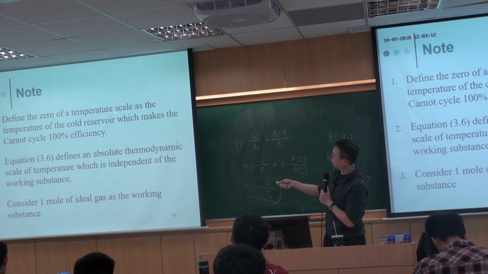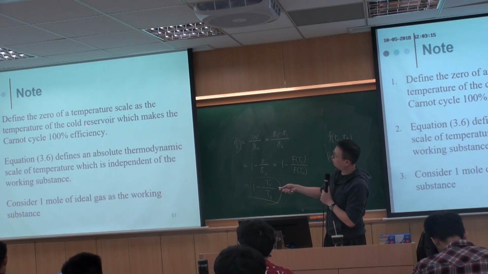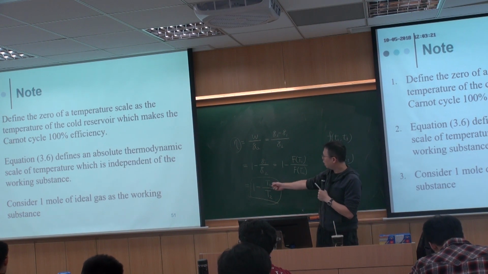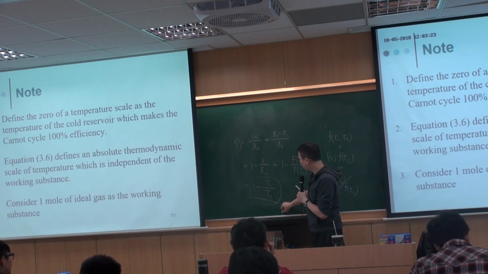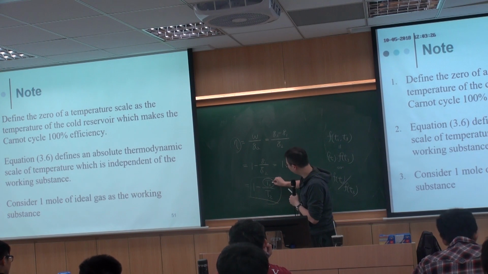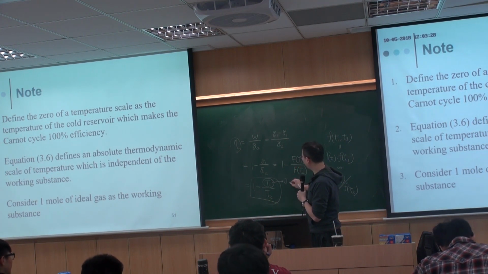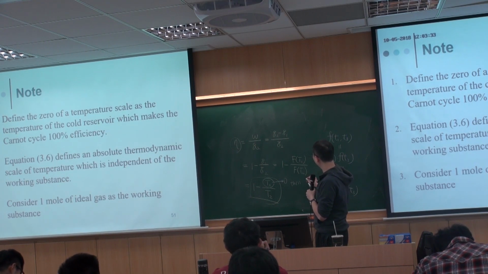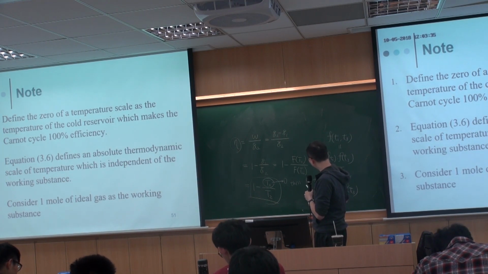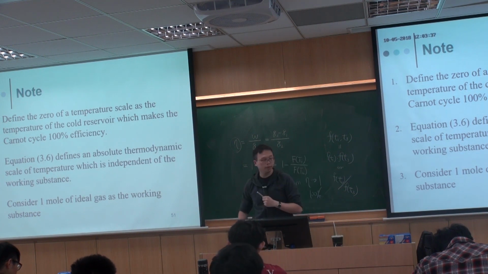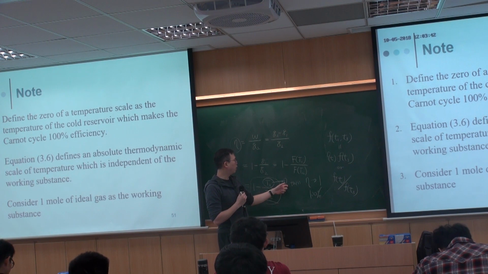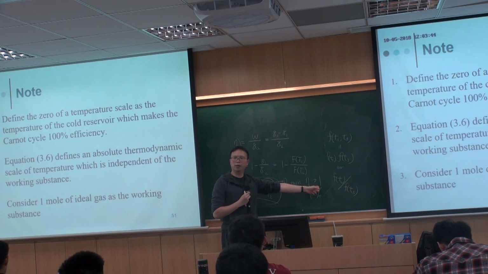Define the zero of a temperature scale as the temperature of the cold reservoir which makes the Carnot cycle 100% efficient. So if T1 goes to 0, as I mentioned earlier, then the efficiency approaches 100%.